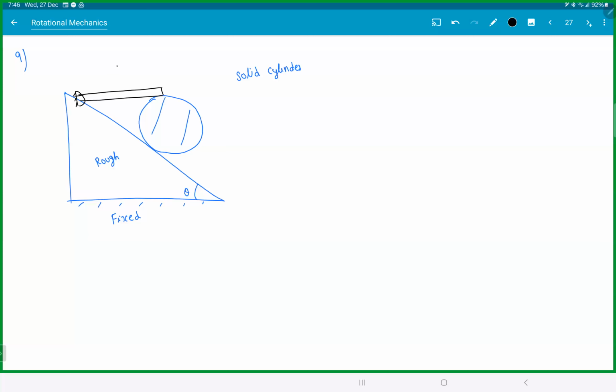The rod has mass M and length L. Mass of the cylinder is also M. All surfaces are rough, meaning there's friction even between the rod and the cylinder also. One end of the rod is hinged and the other end rests on a solid cylinder.